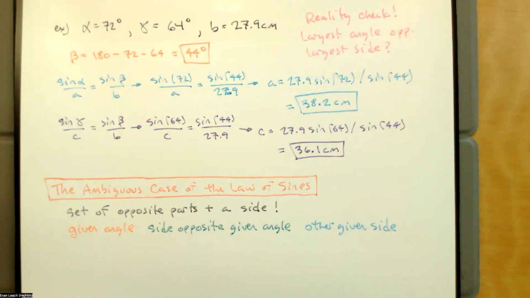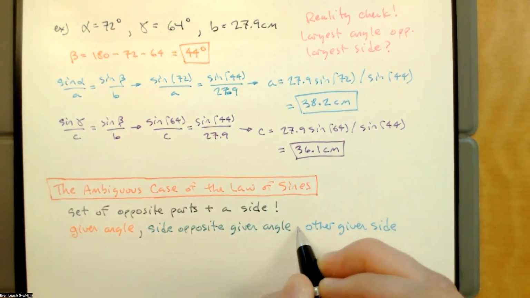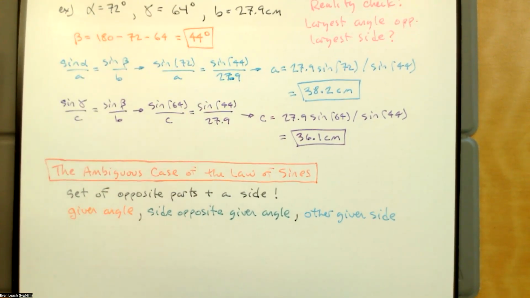That's a set of opposite parts: a given angle and the side opposite the given angle, and a side, which we'll call the other given side. The number of triangles will be determined by the side opposite the given angle. That's where we have control.